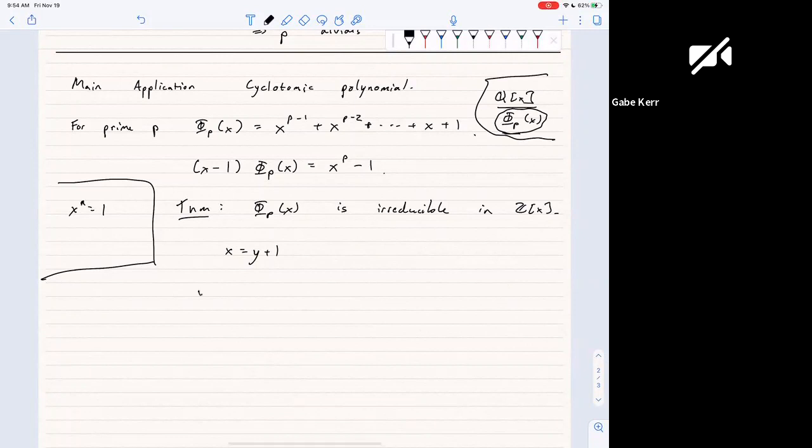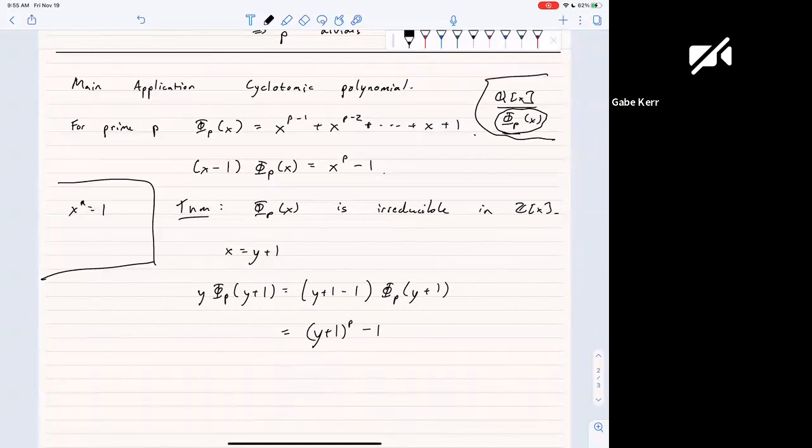Well, y times Φ_p(y + 1) is equal to (y + 1)^p - 1.